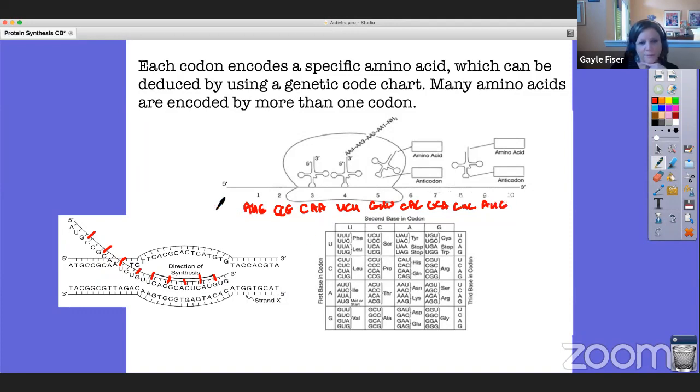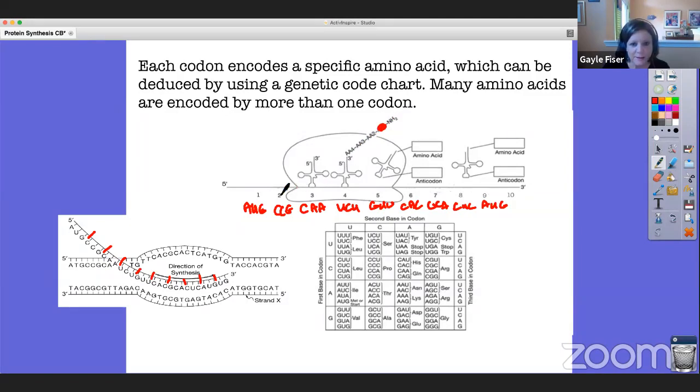Okay, so we had AUG. So AUG, we went to our genetic code chart, and we can see that here's AUG. So this amino acid that was brought in was in fact methionine, and it would be this one right here, okay? I'm giving this for the orientation of where the amino acids are on this strand.